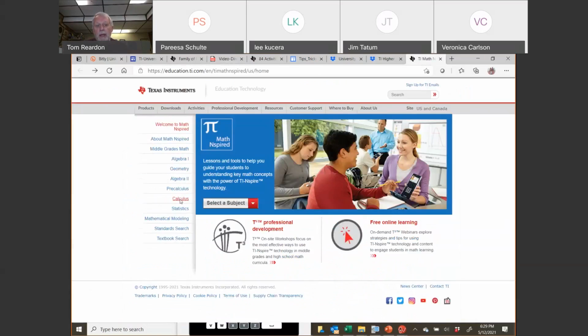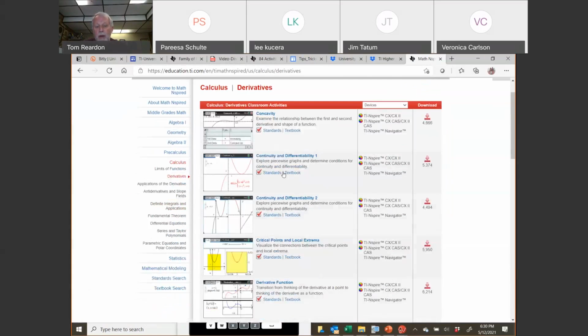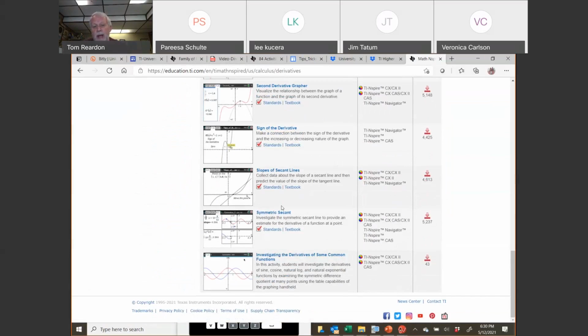So you go to calculus and pick on derivatives. It'll take you to a website or a page that has a whole bunch of different ones there. Look at all these you can download. They're all free to you. And as Lee said, you have that software. You can play these all as demonstrations. There's directions for them, the whole deal.